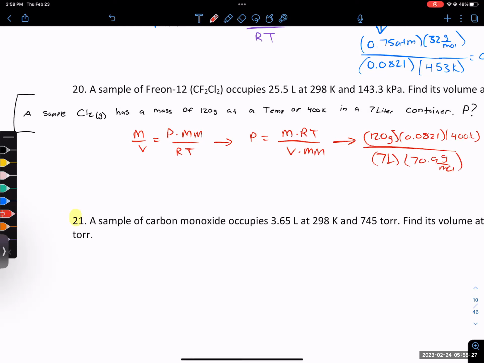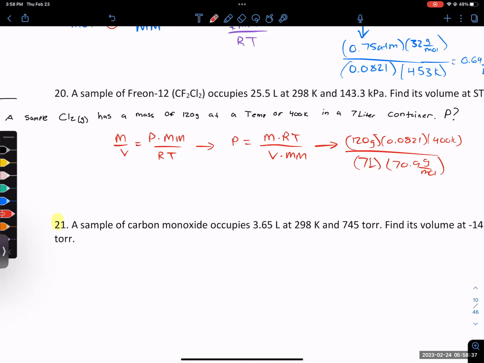Plug that into your calculator and you'll get the same answer as if you had done the stoichiometry first and then plugged in PV equals nRT. So this is a way to quickly solve problems like this, a faster method. That's how I would have done it personally. You can choose whatever works for y'all.